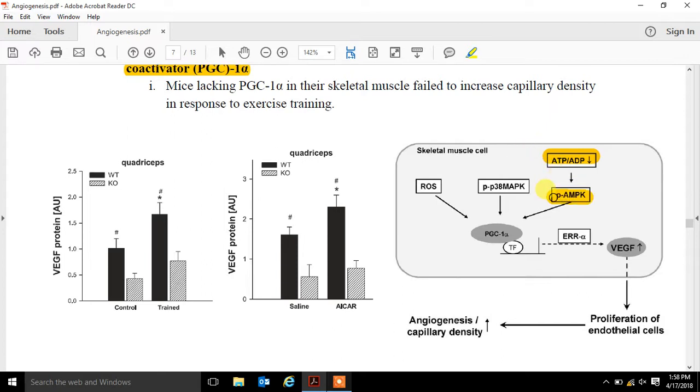That's going to increase AMPK, and we know from the last module that's going to increase PGC1 alpha, which normally we'd put an arrow off here to increase mitochondrial biogenesis, giving us these great skeletal muscle adaptations. But in this lecture, PGC1 alpha is also increasing vascular endothelial growth factor expression, which, as we'll learn in a second, increases the proliferation of endothelial cells and contributes to angiogenesis and capillary density.